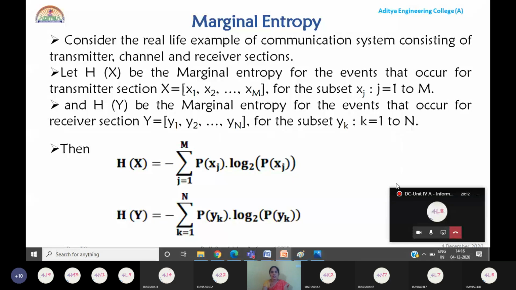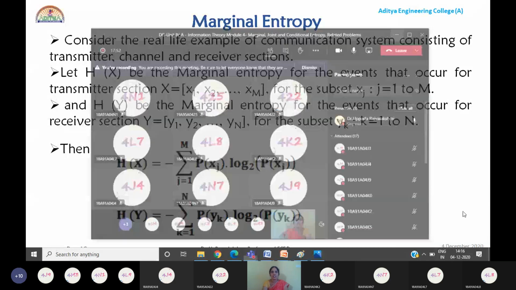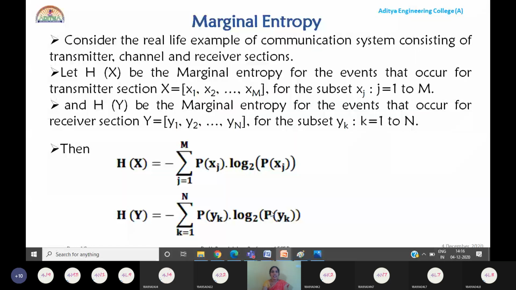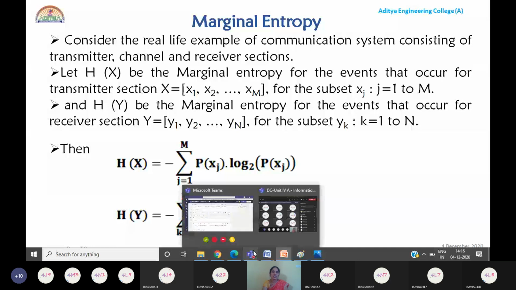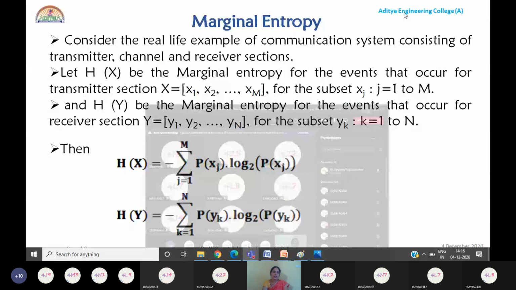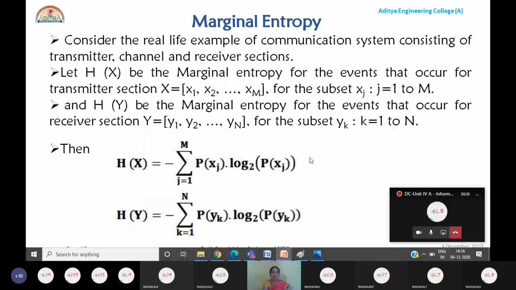Based on the transmitter section and receiver section, we have defined the corresponding marginal entropies as H of X and H of Y. These are the general marginal entropies. This is not a combined entropy like joint entropy.